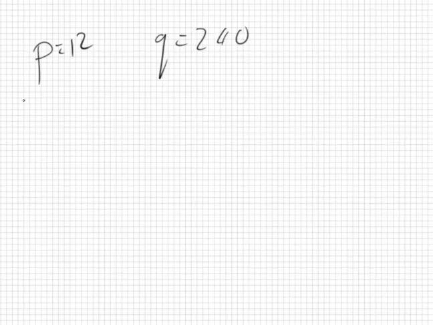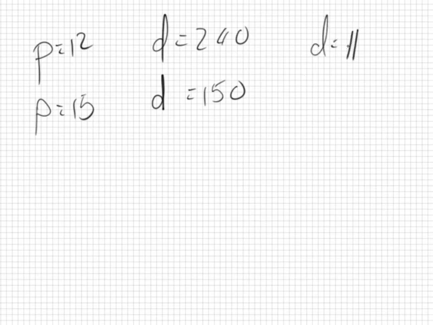When the price is 15, he sells 150. So we want to find a formula. I won't use Q because he used a different letter. He uses D. So D is the number of sales, and P is the price in pounds.